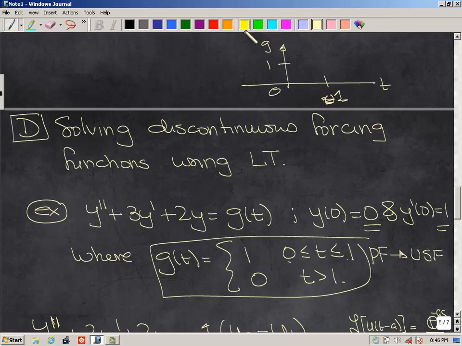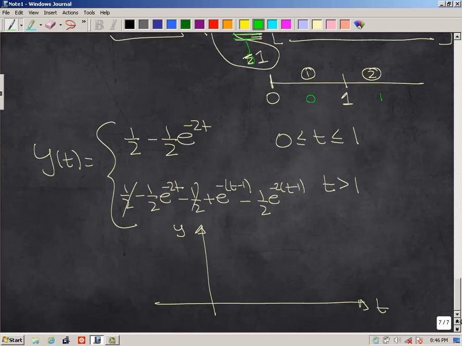Between 0 and 1, this function is 1, and after that it is 0. So there's a discontinuity out here in the forcing function. But look at the solution. If you were to graph this solution, it starts at 0, it's going to peak, and then it's going to die.